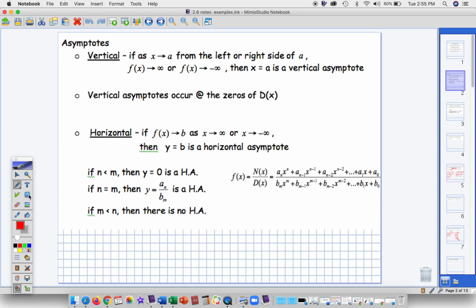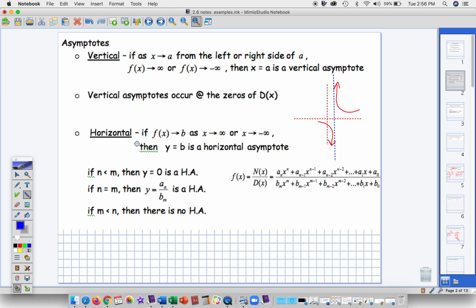So what we're saying is that if you have a value of x, as the function values approach it, they soar upward or downward. Then if this is x equal to 2, the line x equal to 2 is a vertical asymptote. And again, those occur at the zeros of the denominator.